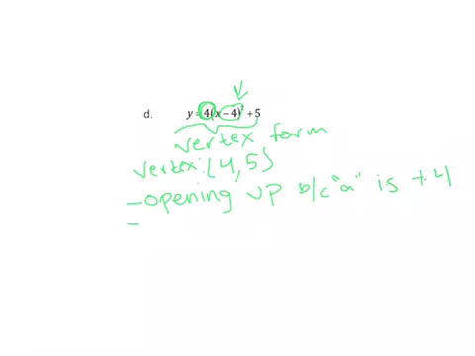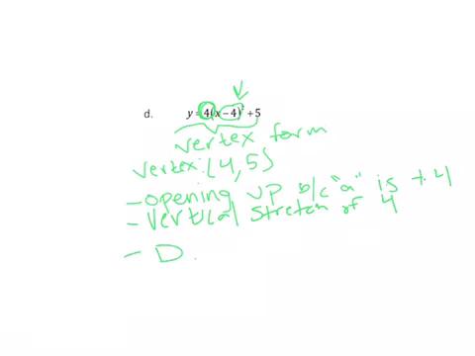What else is it going to be doing? Remember what else a stands for? It also stands for a vertical stretch. Because that number is 4, we're going to have a vertical stretch of 4.